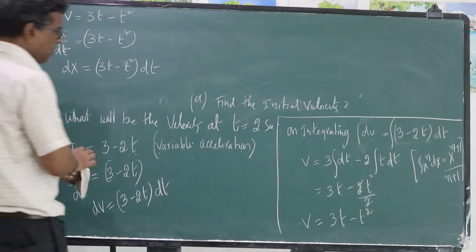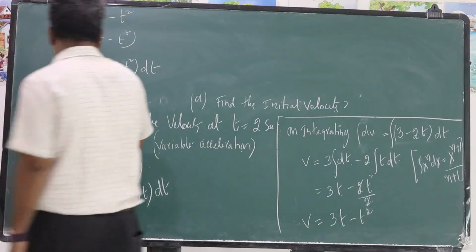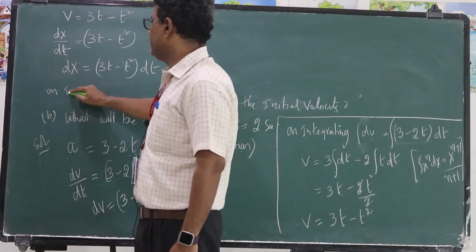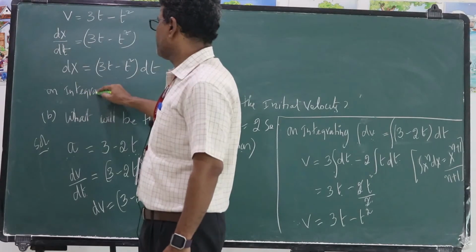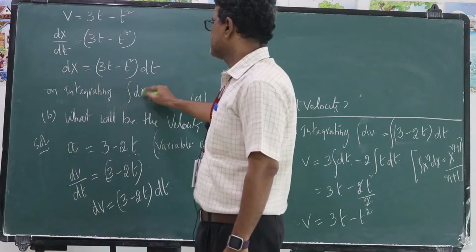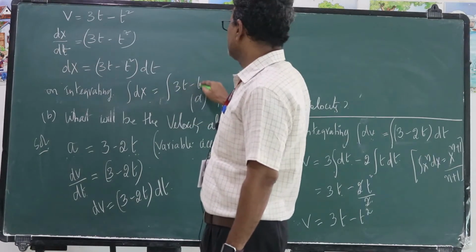So you integrate this one. On integrating, integral dx is equal to integral of (3t minus t square) dt.